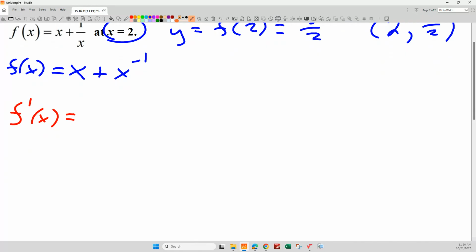We rewrote this, so now we can differentiate. What do we get from the first term? What's the derivative of x? Well, derivative of x to the 1 is 1. Right? Derivative of x is just 1. Derivative of x with respect to x is 1. How about this one?